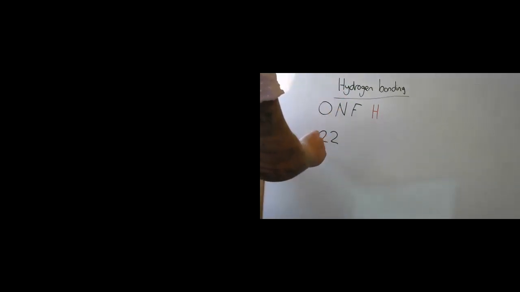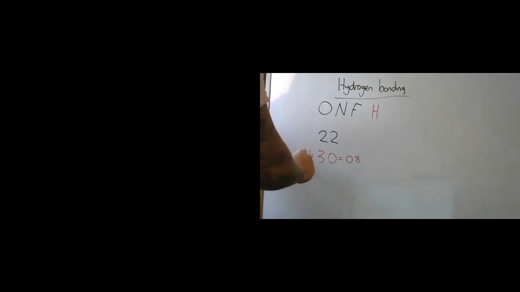Now, why is this special? Hydrogen has an electronegativity of 2.2. So nitrogen is 3.0, so the difference is 0.8.